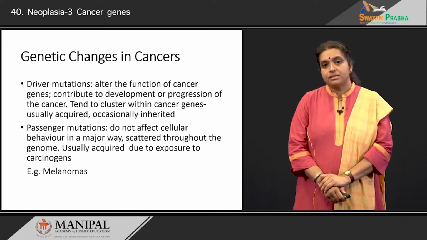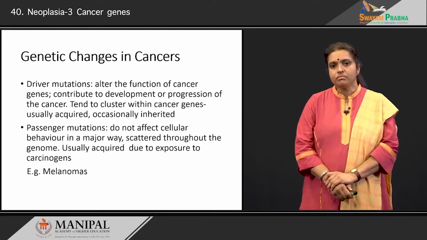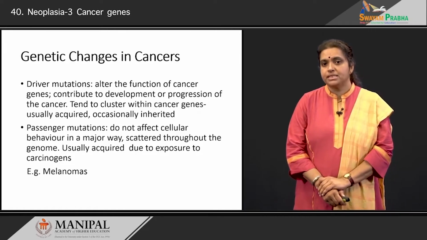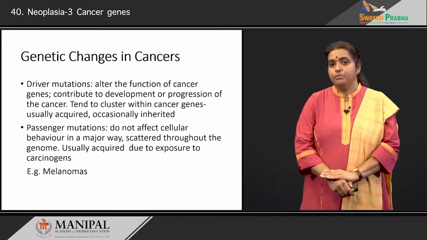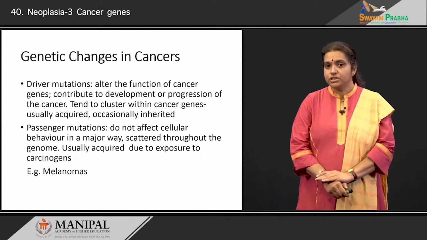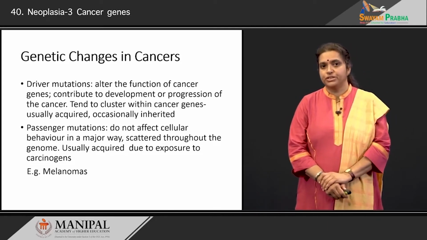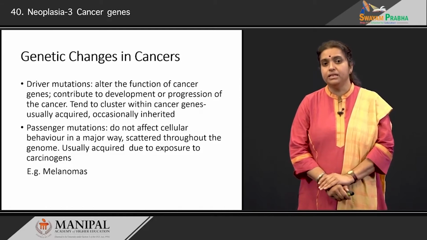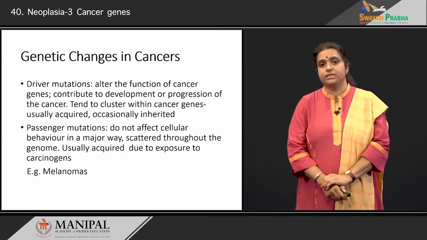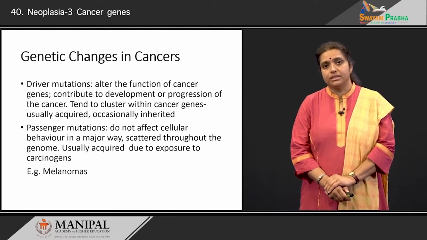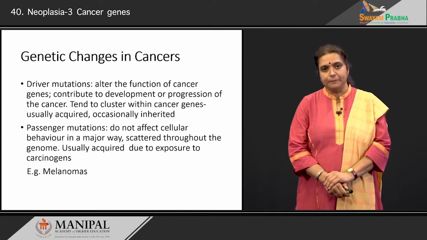The first is driver mutation. These driver mutations are the main mutations that alter the function of cancer genes and contribute to the development or progression of the cancer. So, they are the main changes, and you need those changes for the carcinogenic transformation to occur.